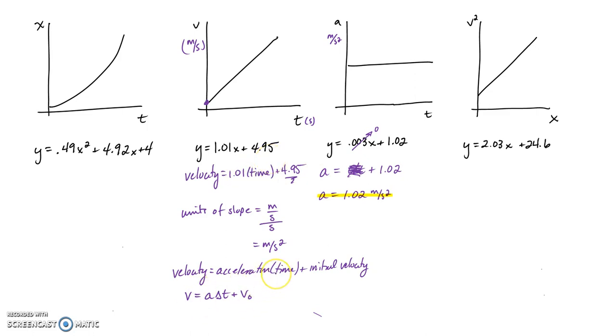So that's that. The next one I like to go to is my position time graph. And if I replace my y's and x's with what it really is, we've got position equals 0.49, and then x is time squared plus 4.92 times time plus 4. Now to figure this one out, I'm going to go about a different technique.